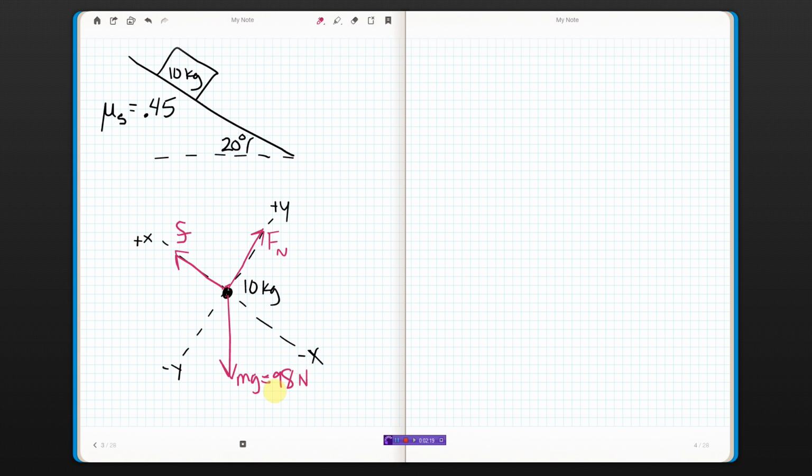The first thing I need to figure out is how much friction is required to hold this thing at rest. Okay, so to hold this thing at rest, I would say F net in the x direction equals ma.